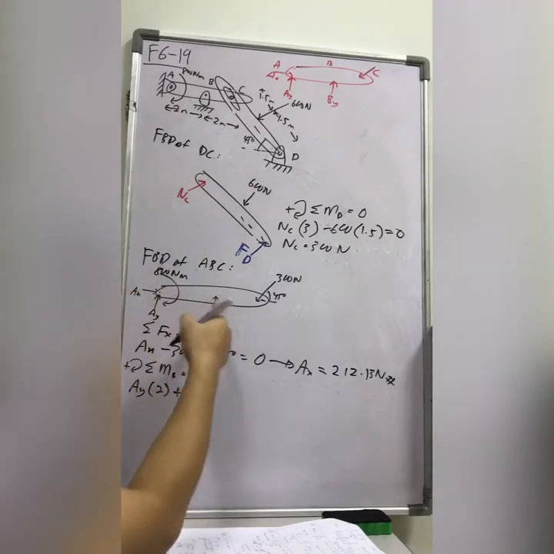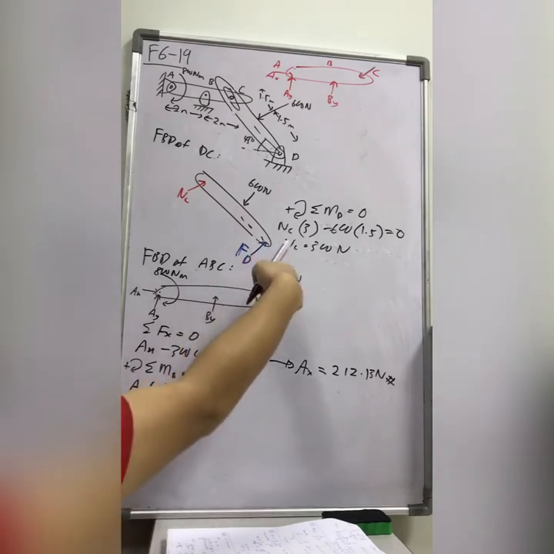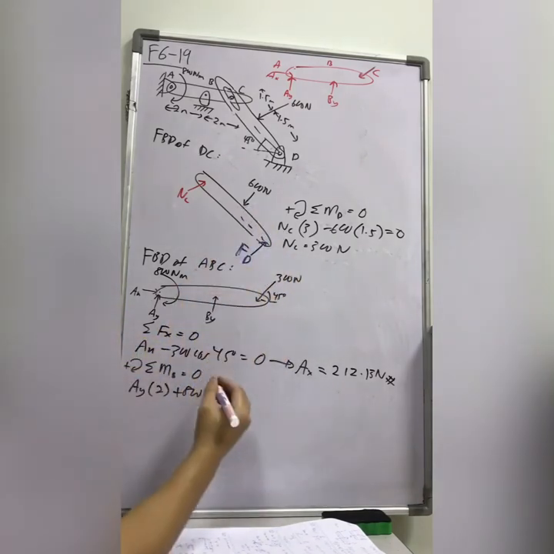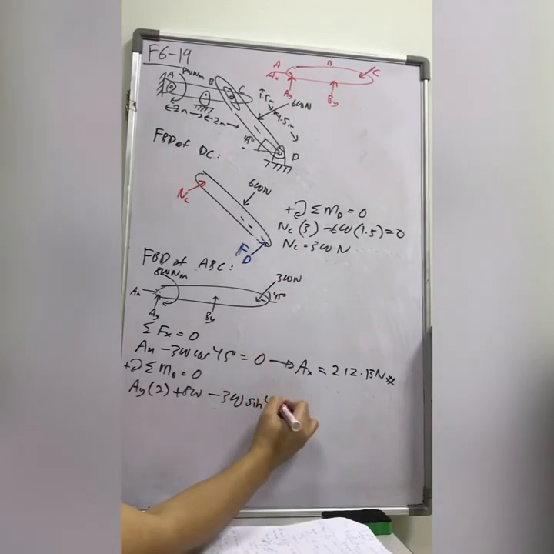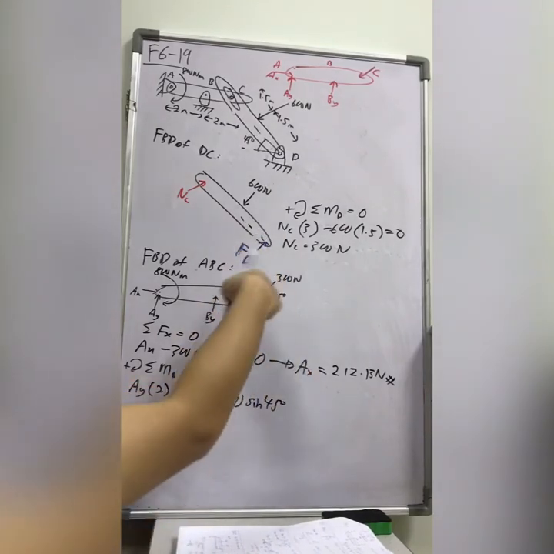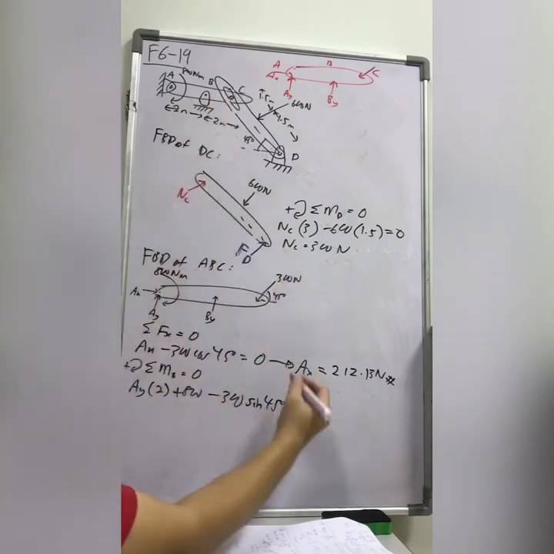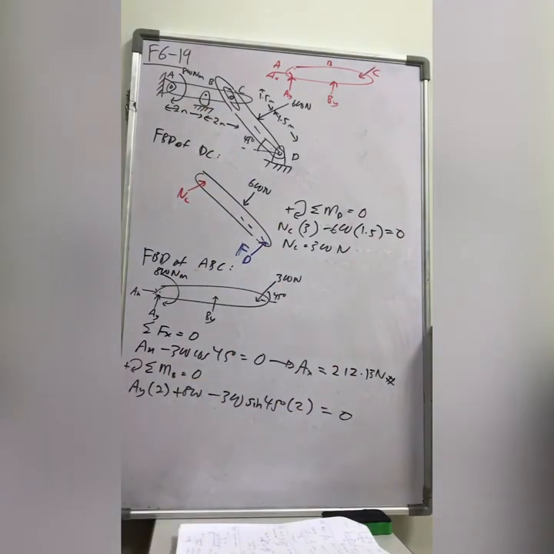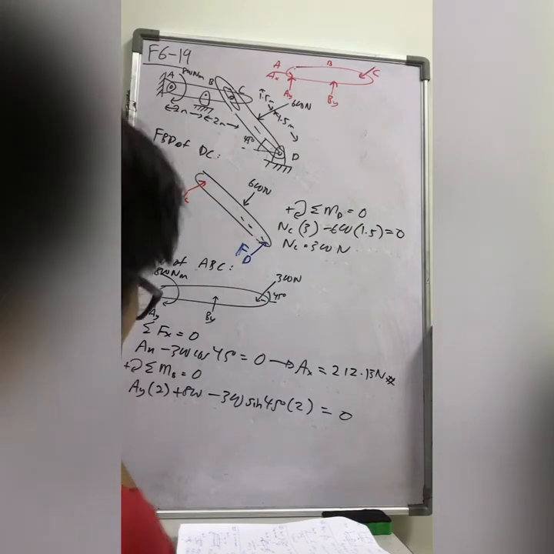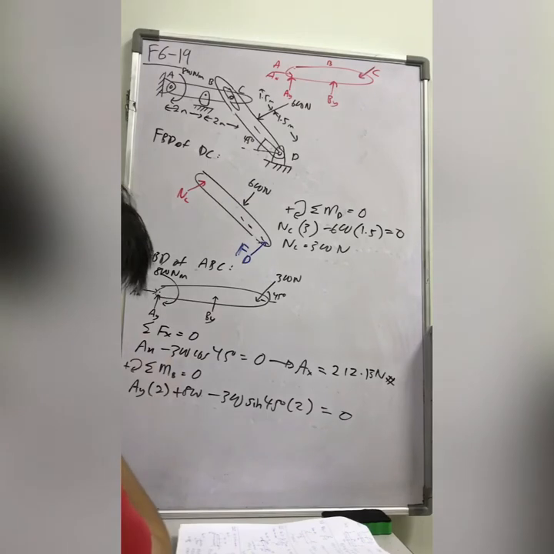You don't have this, of course. So you have this component, minus 300 sine 45 times the distance, which is 2, equals to 0. So you solve this.